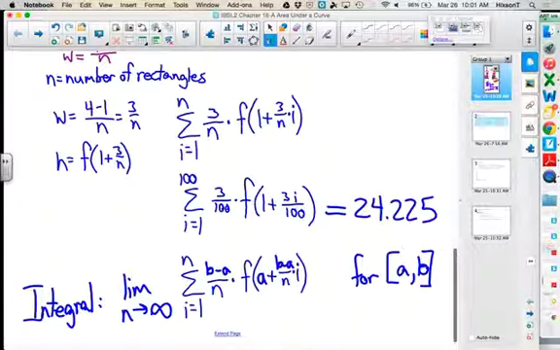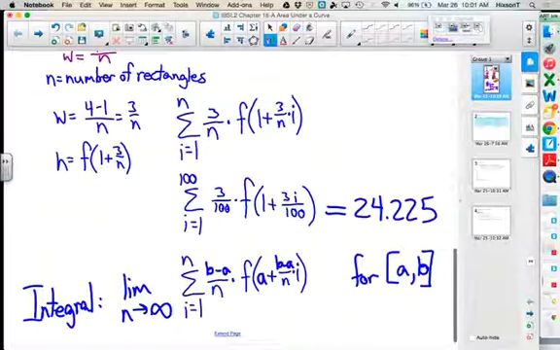Now this isn't technically a Riemann sum, because Riemann sums use the middle rectangles, but this is kind of like the Riemann sums. But notice here, I said 3 was how long your interval was.